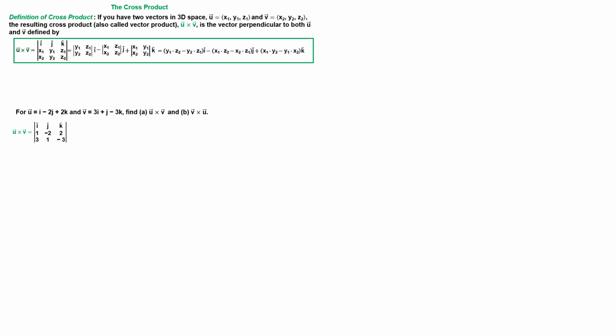The 2 by 2 determinant is evaluated by finding the product of the elements on the leading diagonal, top left to bottom right, and subtracting the product of the elements on the other diagonal.